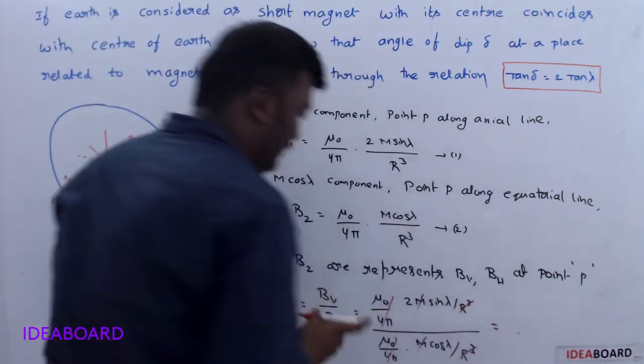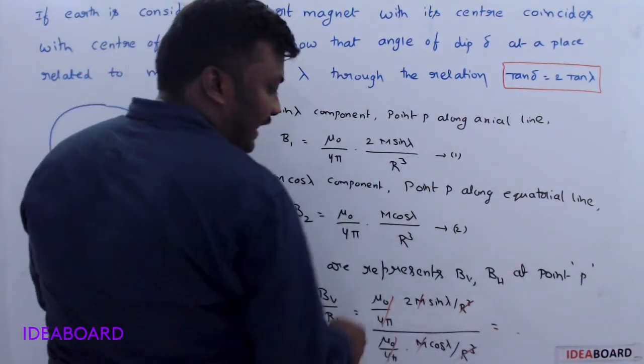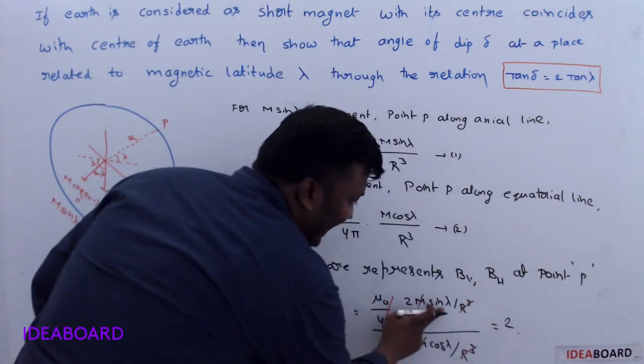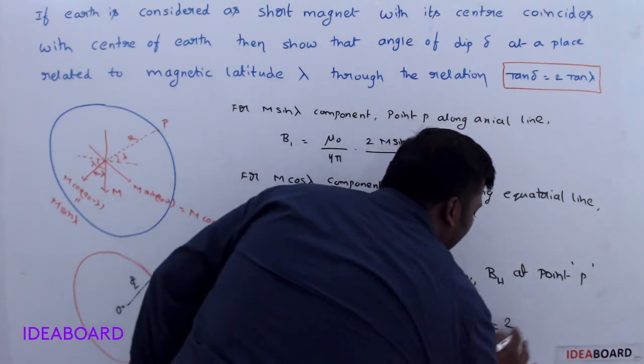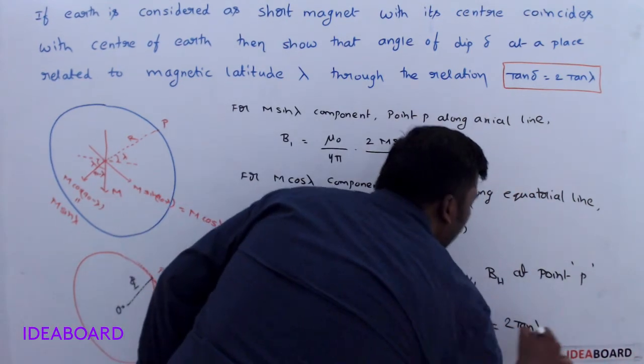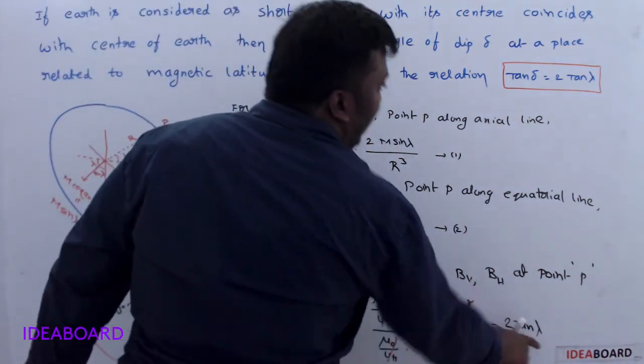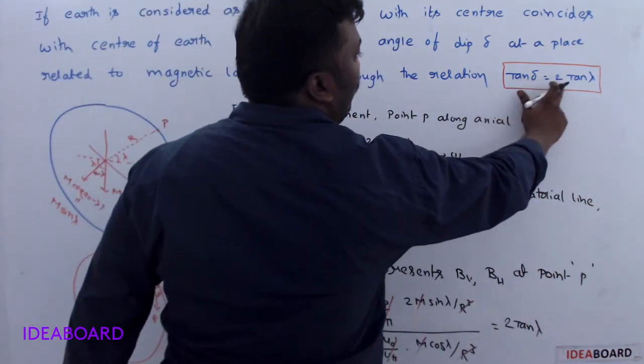The balance is 2 sin lambda by cos lambda. 2 into sin lambda by cos lambda is nothing but 2 tan lambda. So what we got: tan delta equals 2 tan lambda.